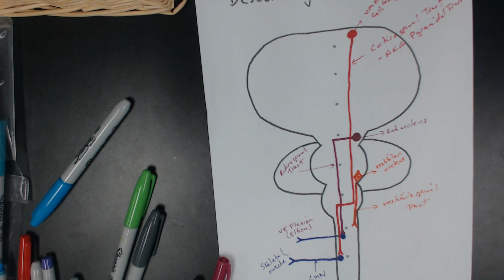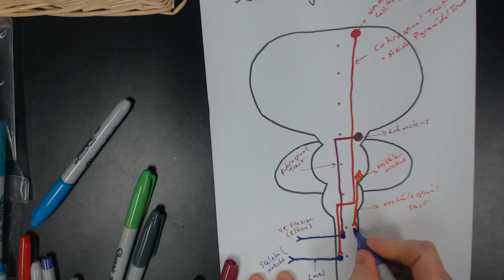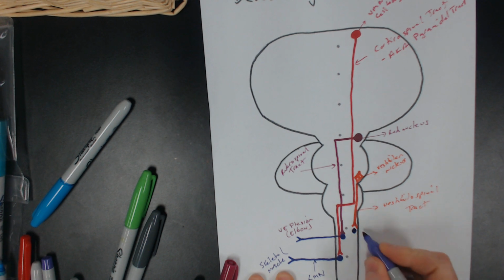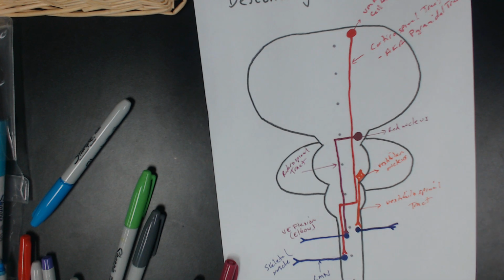Okay, we're just going to synapse at the appropriate spinal level here and are involved in innervating. Yes, Anna. That's your vestibular nucleus. Vestibular nucleus. Involved in figuring out where your head is in three-dimensional space and head movement.